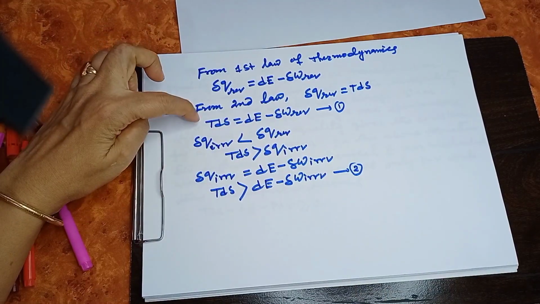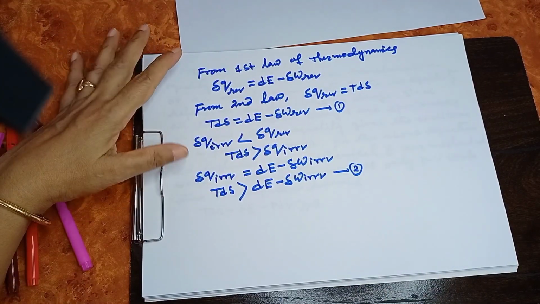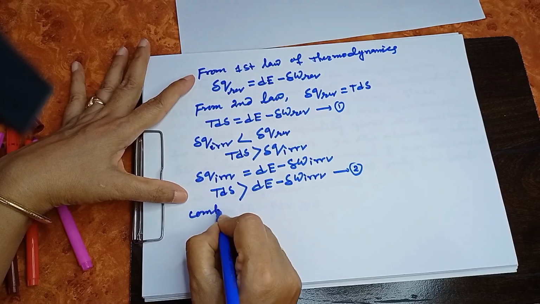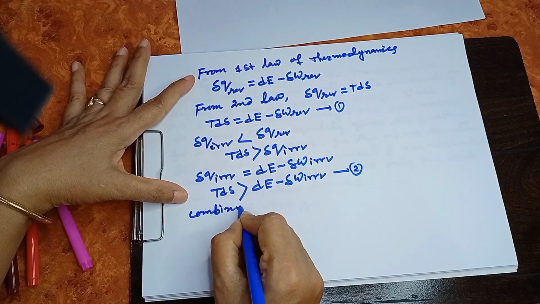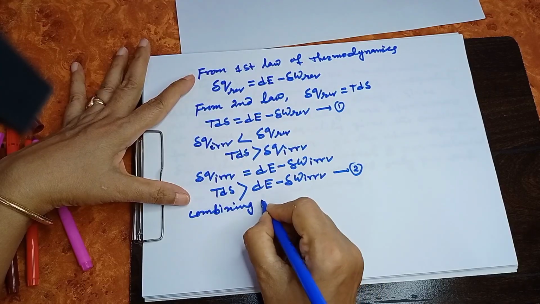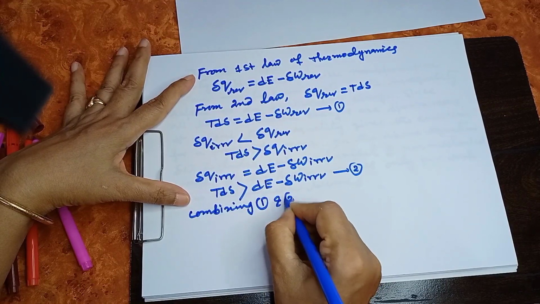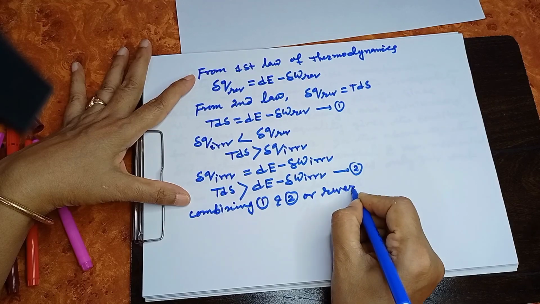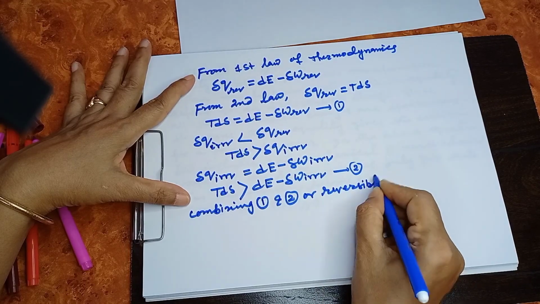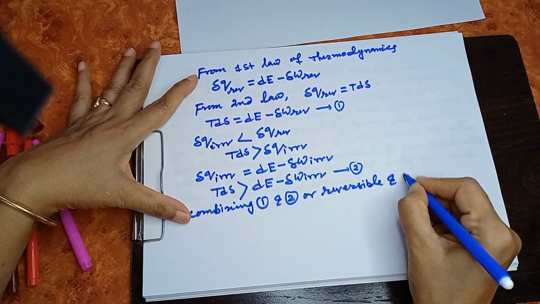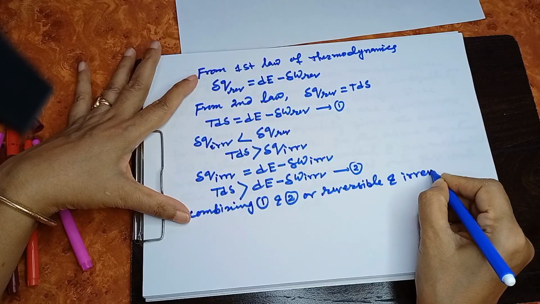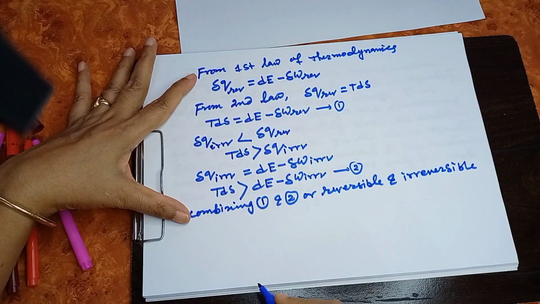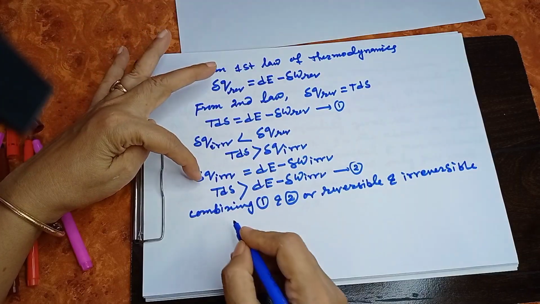So combining 1 and 2, reversible and irreversible, how can we write?